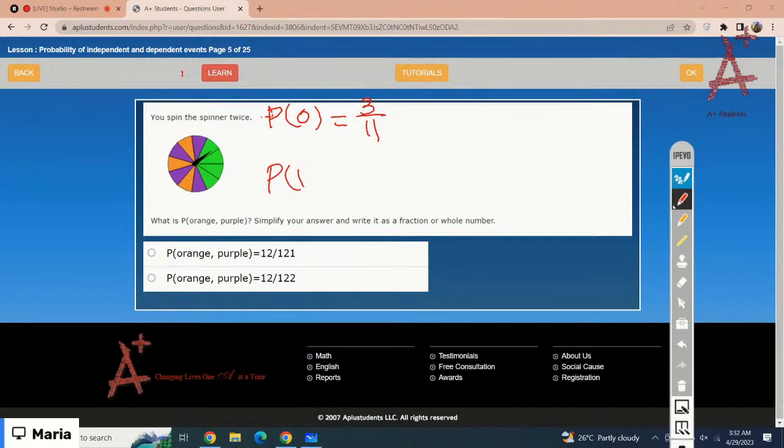And the probability of purple is you have 1, 2, 3, 4, so 4 over 11. So the probability of orange and purple is 3 over 11 times 4 over 11. It would be 3 times 4 is 12 and 11 times 11 is 121. So it would be 12 over 121. So the correct option is option number 1.